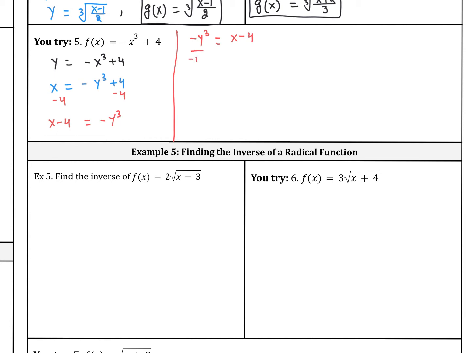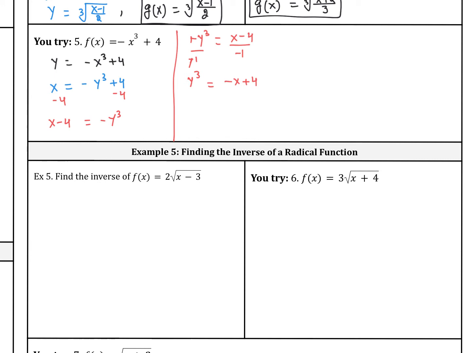So you're going to divide by negative on both sides. This negative and negative cancel. y cubed is negative x plus 4. Because you're going to divide this negative with x, that becomes negative x. Negative 4 divided by negative 1 is positive 4.